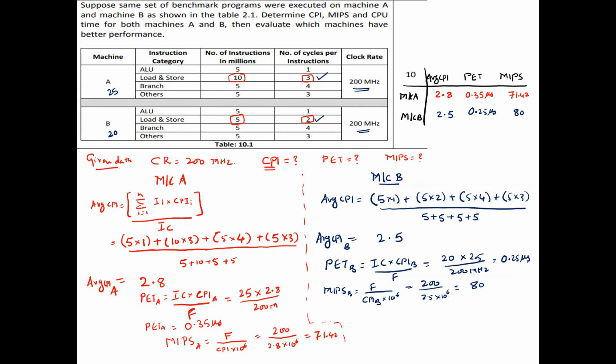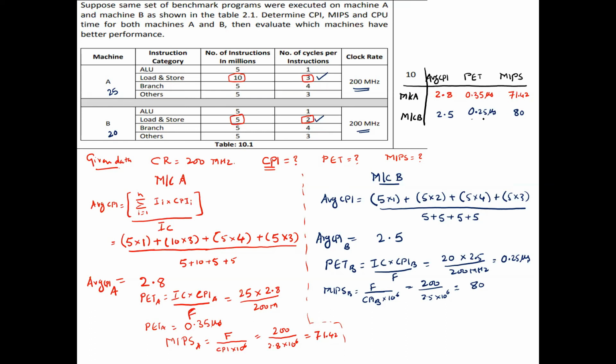Whereas machine A has 71 million instructions per second capacity. And why is it taking a larger time, 0.35 microsecond? Because the program is also larger, but not a problem. With respect to millions we are asking. So 71 million instructions it will execute per second, whereas this is 80, right?